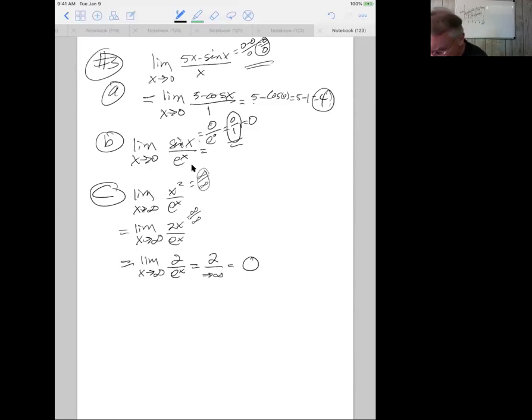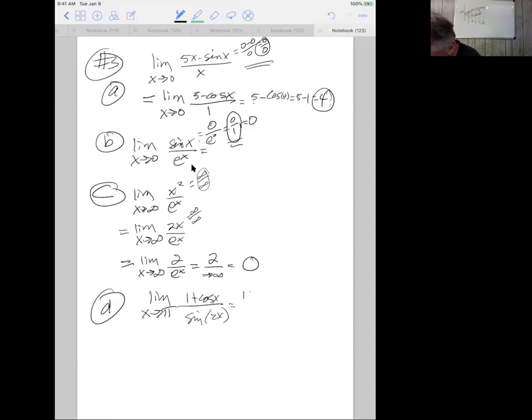And then D, the last one here, turns out to be the limit as x goes to pi. A little different. It gives you a constant you've got to go to: 1 plus cos x over sine of 2x. All right, so let's plug in pi, see what we get.